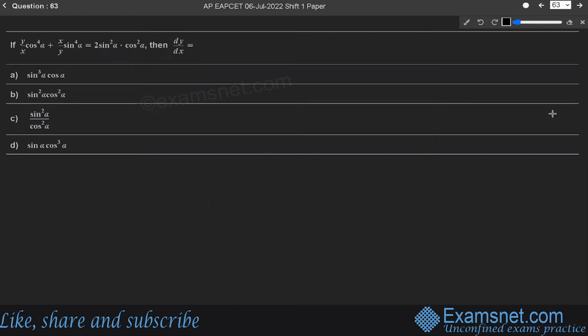Next question: if (y/x) cos⁴α + (x/y) sin⁴α = 2 sin²α cos²α, then dy/dx is equal to? See, on the right hand side, we can see that it is in the form 2 sin²α cos²α. So we can make an identity here.